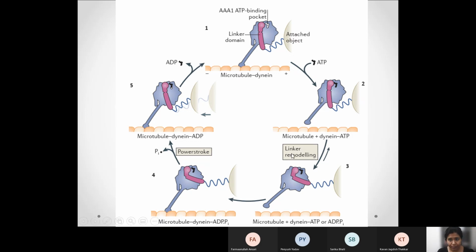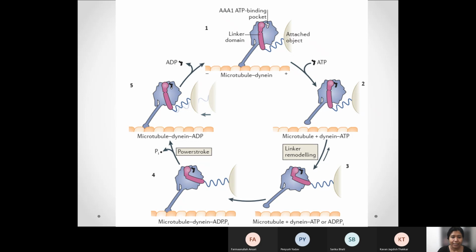So here you have a state where it is bound to ATP and it is not bound to the microtubule. The ATP is hydrolyzed and it searches out for a binding site on the microtubule. It can have a weak binding to it. The release of Pi then induces a power stroke. Remember myosin, and you can see the analogy here.